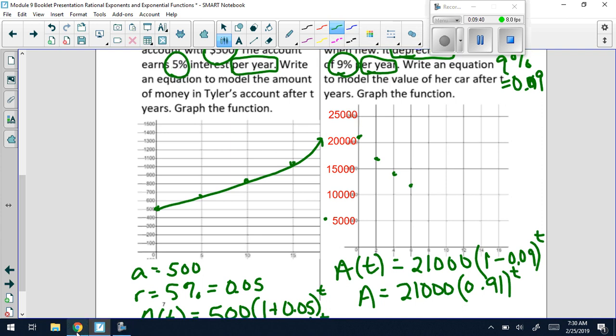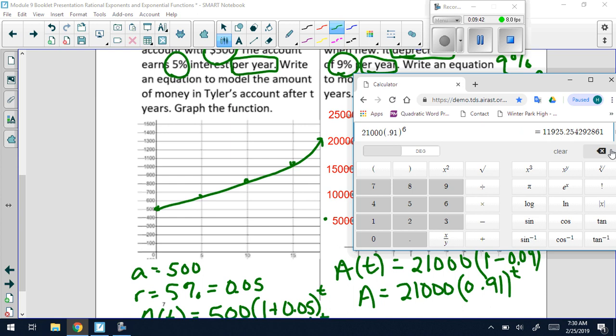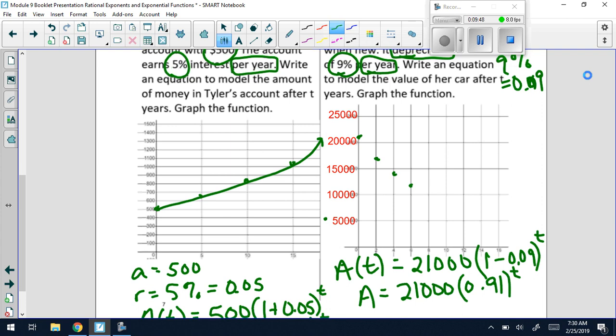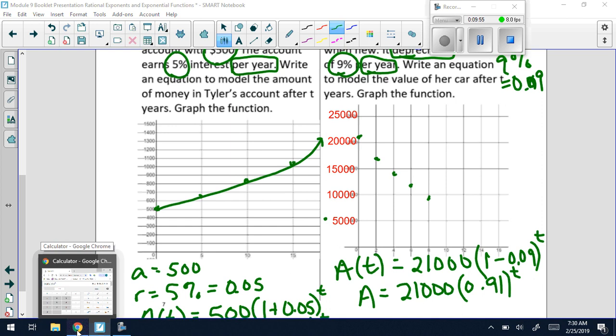Plugging in 8. 9,800, so just below 10,000. So it takes about 8 years to be less than half of the initial value.